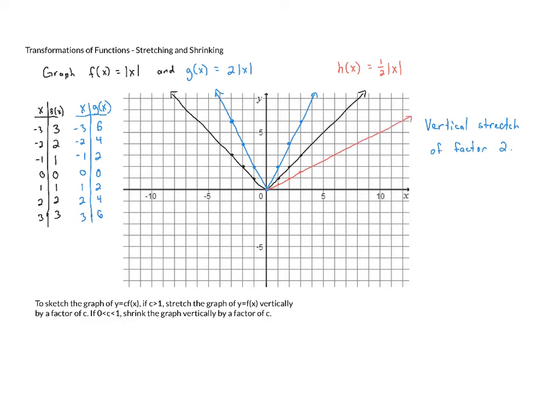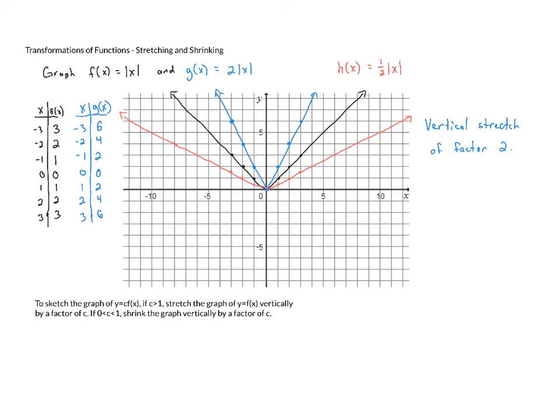And the same thing is going to happen on the left-hand side. Each point is going to be 1/2 as far away from the x-axis as the original point. And so this is our graph of h of x equals 1/2 times the absolute value of x.